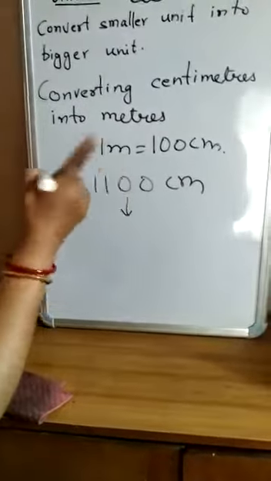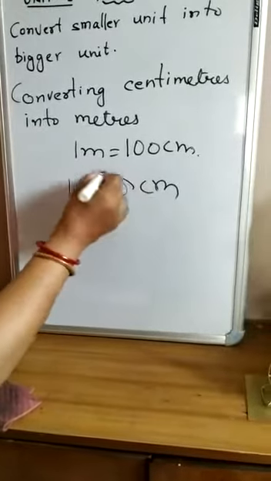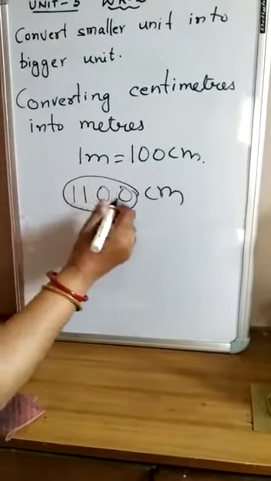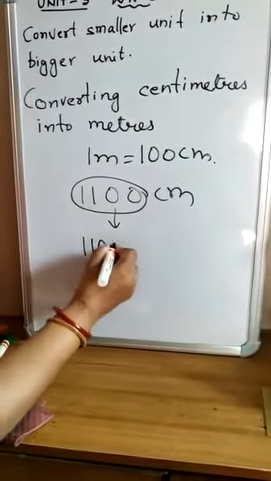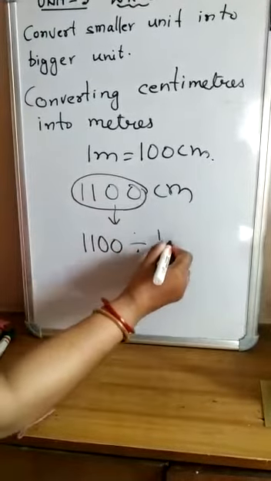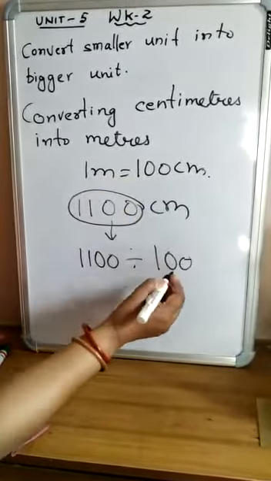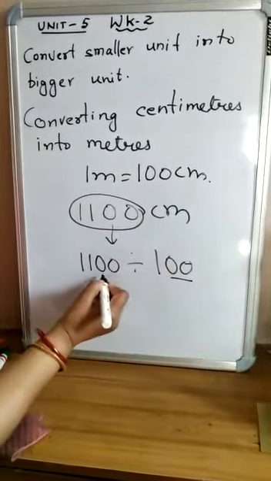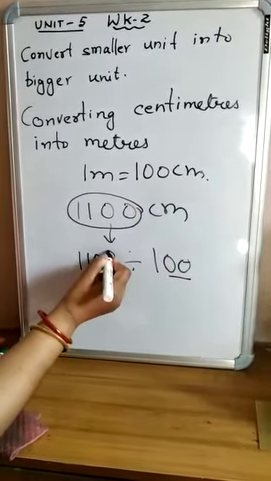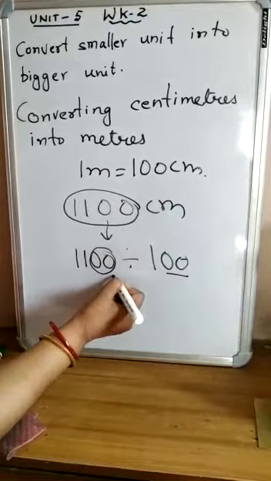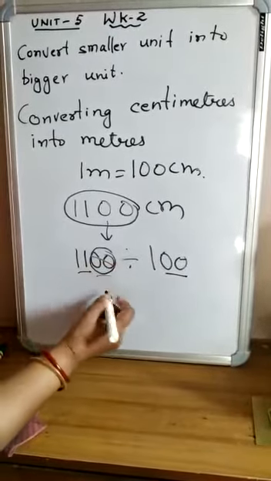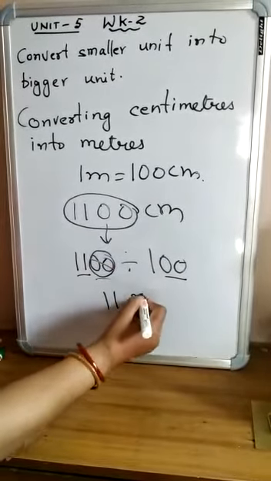I have told you, divide the number of centimeters, here 1100, by 100, because 1 meter equals 100 centimeters. Now 100 has 2 zeros, so I will remove 2 zeros from the right side. What is left? 11. So the answer is 11 meters.